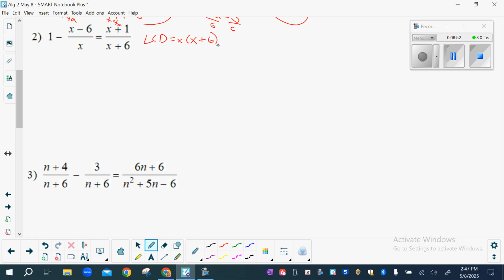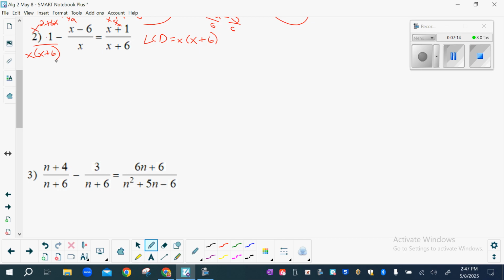Good. And so I'm going to go ahead and multiply that out. When you multiply that out, what do you get? X times x plus 6, x. Yep, so x squared plus 6x over x times x plus 6. What do we multiply top and bottom of this one by? Anybody in this group?